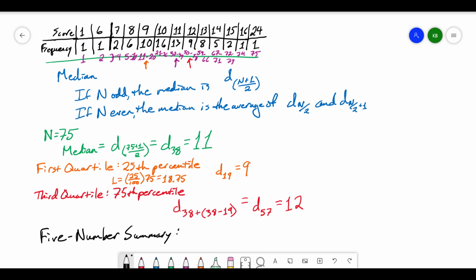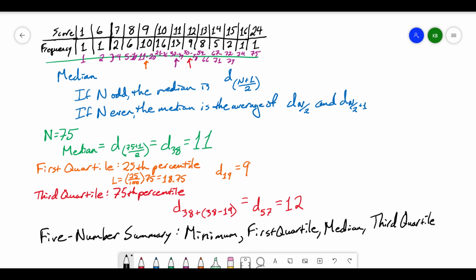When we do, what we should give is the minimum, or the smallest value, the first quartile, the median, the third quartile, and the maximum.